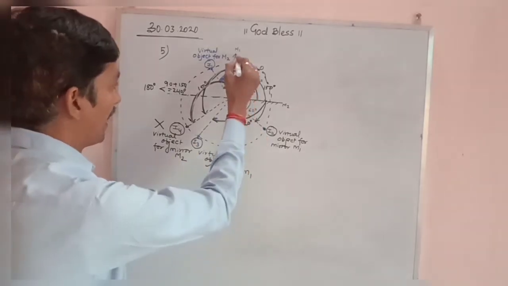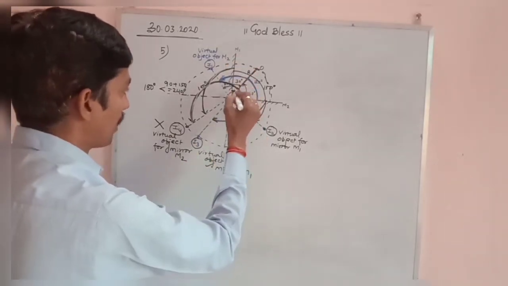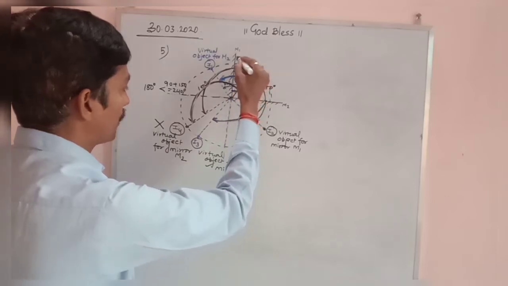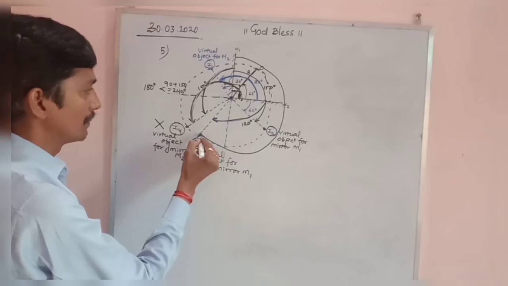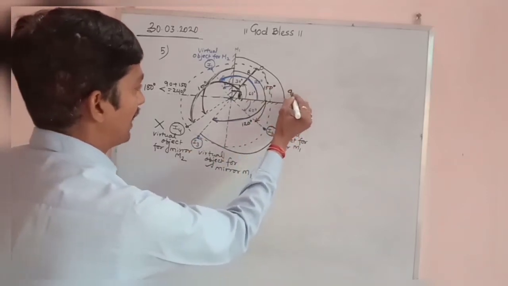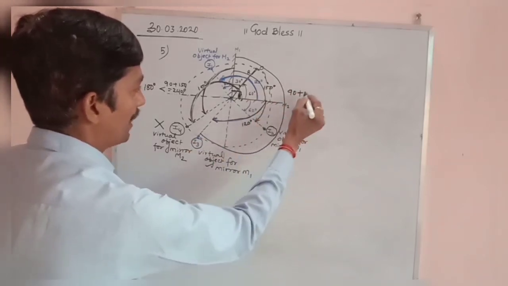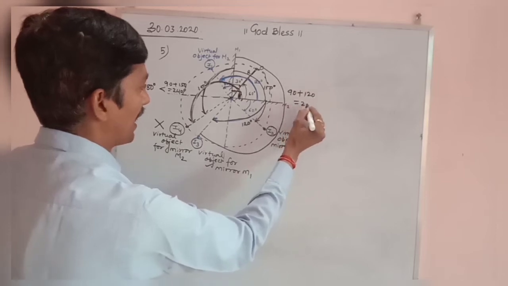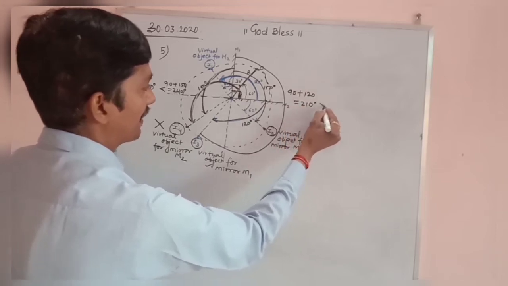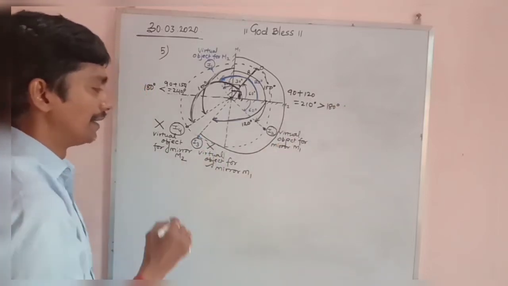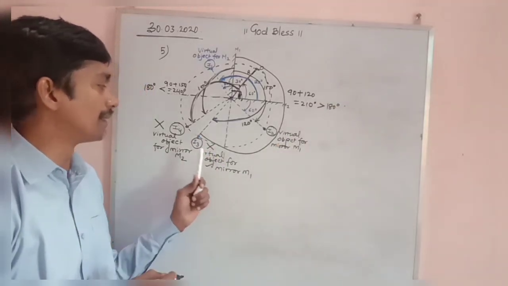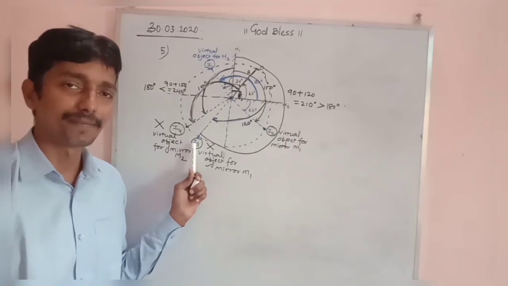So from mirror M1, the angle is 90 plus 120, that is 210. Again it is greater than 180 degrees, so it will not help mirror M1 to form the image further.